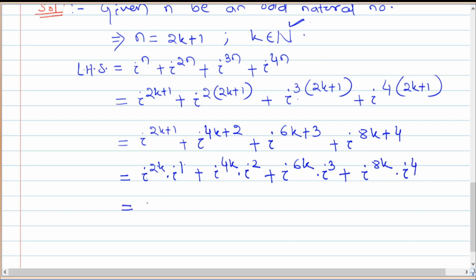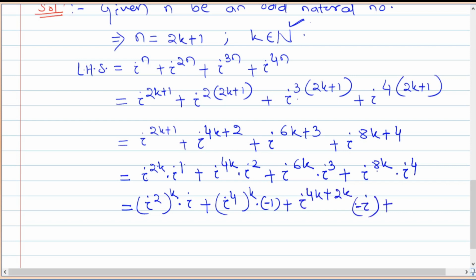Now i to power 2k can be written as i squared whole to the power k into i, plus i to power 4k means i to power 4 whole to the power k into i squared, which is minus 1, plus i to power 6k into i cubed, which is minus i, plus i to power 8k means i fourth whole to power 2k into i fourth, which is 1.